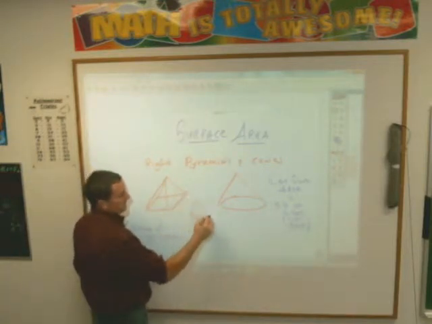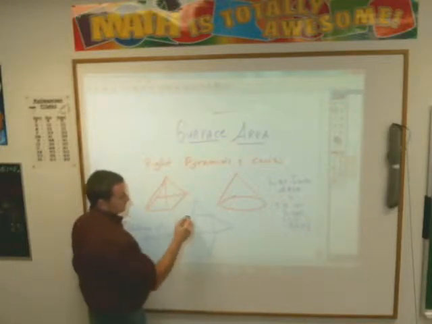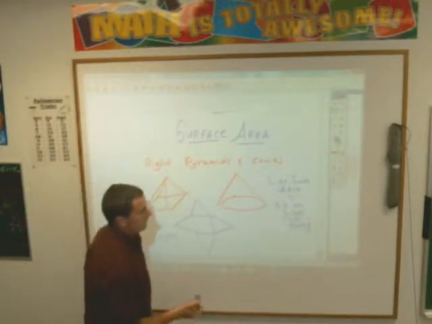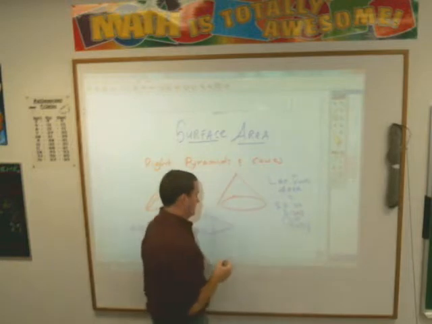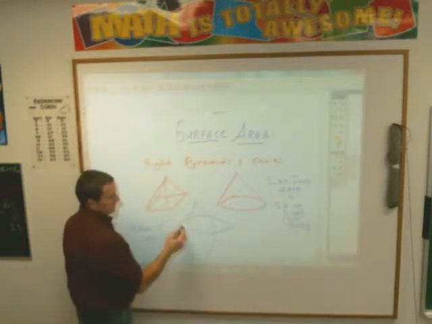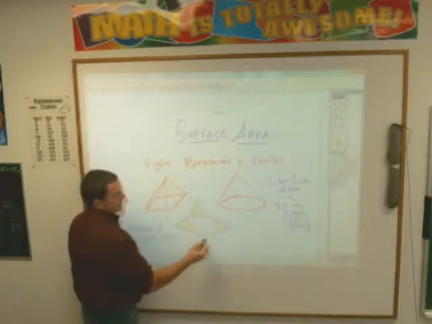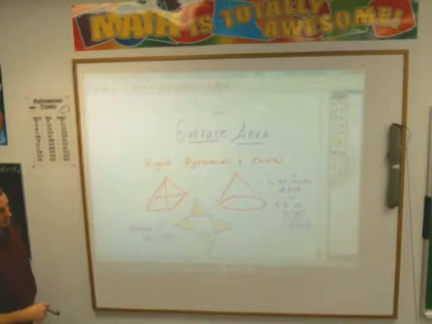This is what we call the net of it. And if you're finding the lateral surface area, because that's what they like to do here, the lateral surface area would be of just these four sides and not the base included. Putting the base in wouldn't be that hard.